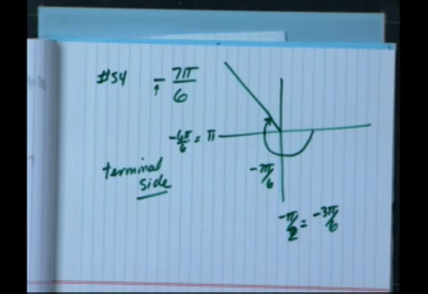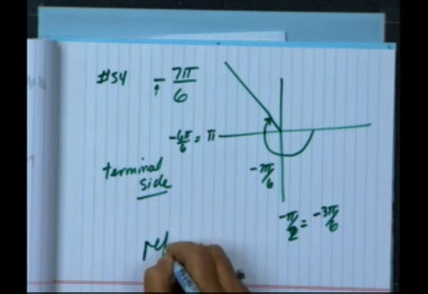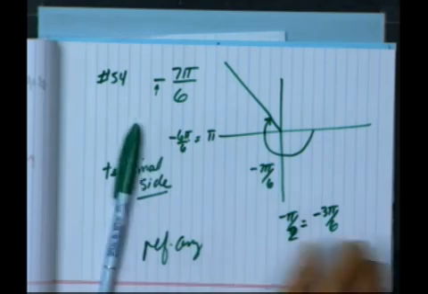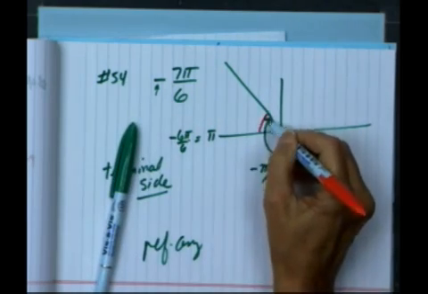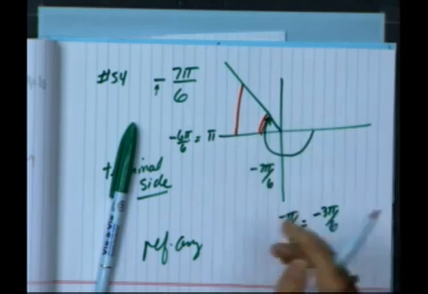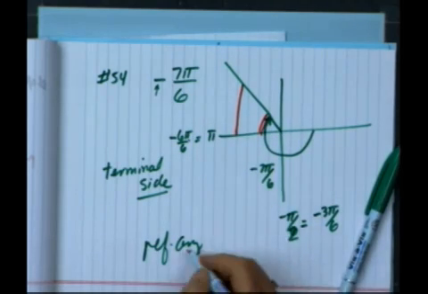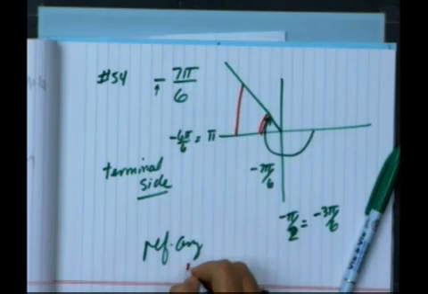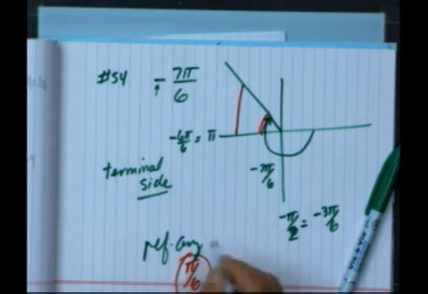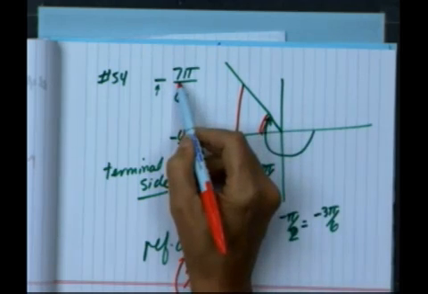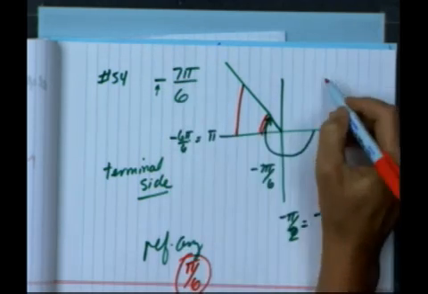Okay, question number 54 is, what is the reference angle? Reference angle is always some little positive angle with respect to the x-axis. That's going to be easy. What is the reference angle? 30 degrees, but since this is in radian measure, pi over 6. So what is the measure, by the way, in degrees?